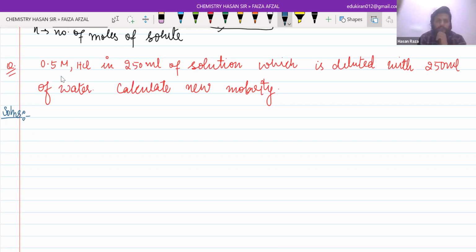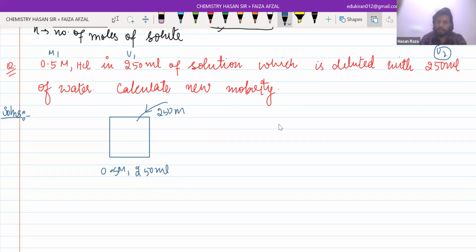It's very easy. First of all, this is your M1 and this is your V1. You cannot say this is your V2, because according to the language of the question, the molarity is 0.5 M, that is good, and the volume is 250 ml, right? Now you are going to add 250 ml more in this container.